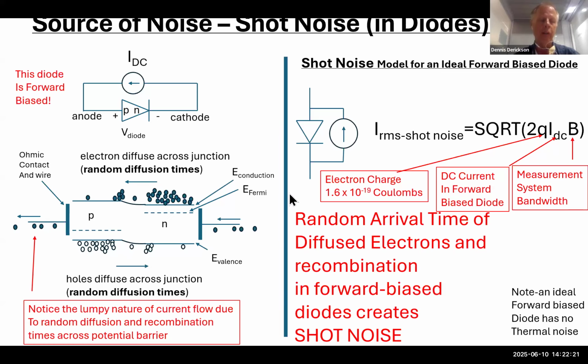In diffusion, the carrier motion is always from the high carrier density area to the low carrier density area. So these electrons will start diffusing across this junction as long as this potential barrier is not too large.